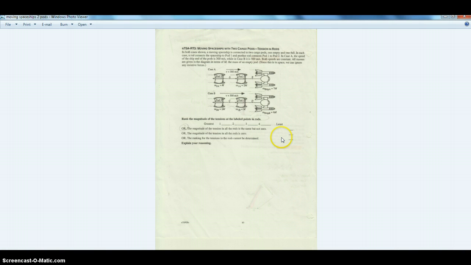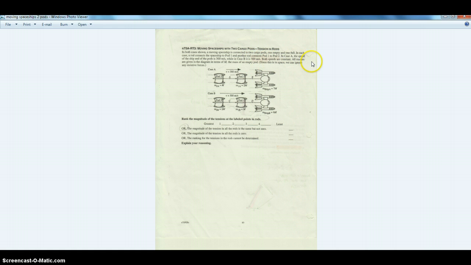Moving spaceships. Okay. In both cases, a moving spaceship is connected to two cargo pods. Let's see, skip the mumbo jumbo. Speed is constant at 300 meters per second for case A, and for case B it's 500 meters per second.